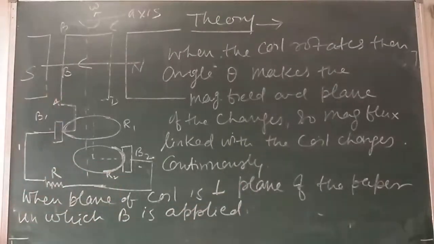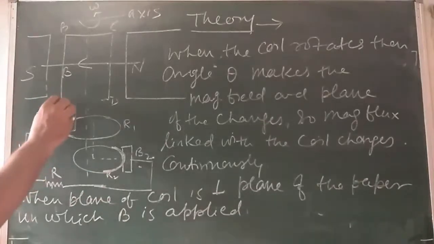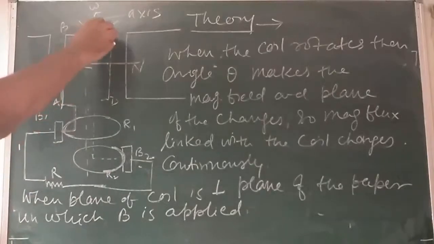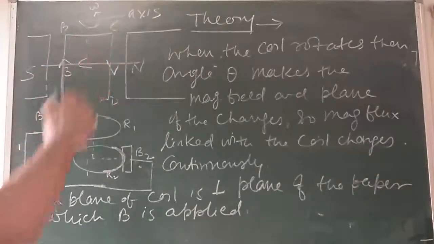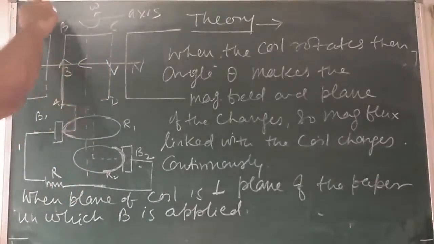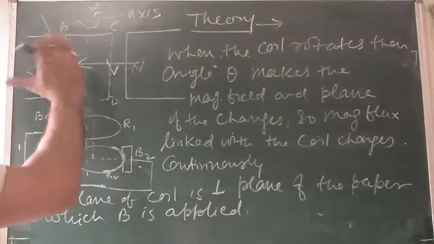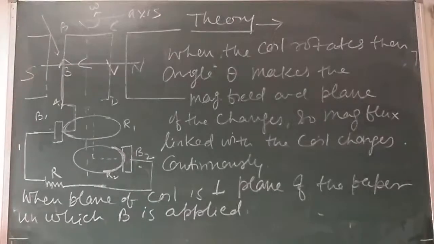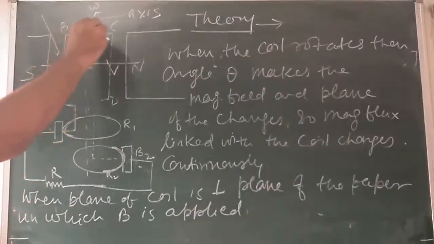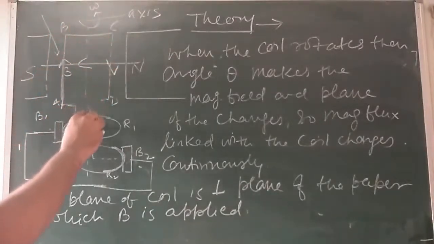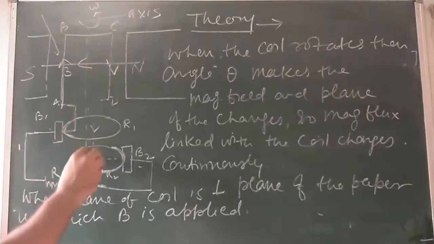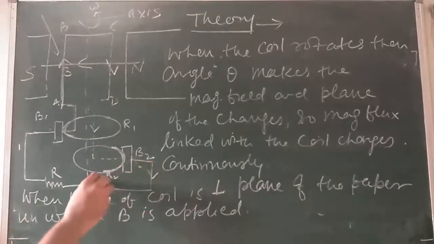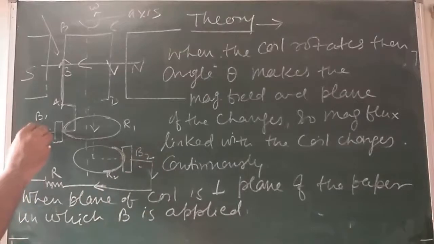AB, you can see, is in front, it moves inwards like this, and CD moves outwards. It is rotating in this manner. तो ऐसा लगता है कि अंदर की तरफ आ रहा है, and the current starts flowing. Here the current is coming like this, and the current is moving in this manner.